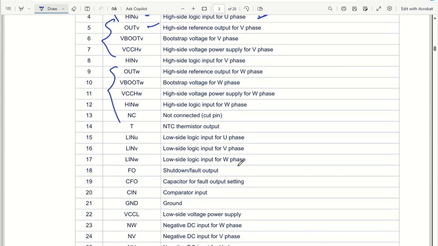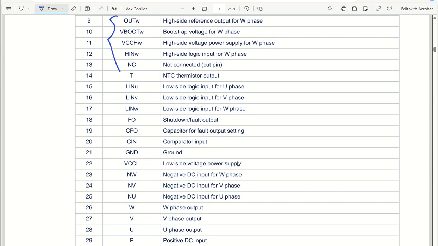Coming back to the temperature sensor output, that is the NTC thermistor output with the T pin, pin number 14. Then we have the low side logic inputs for U phase, V phase and W phase, as I mentioned already in the block diagram. Then we have the shutdown pin, that is the fault output pin. Then we have the capacitor for fault output setting.